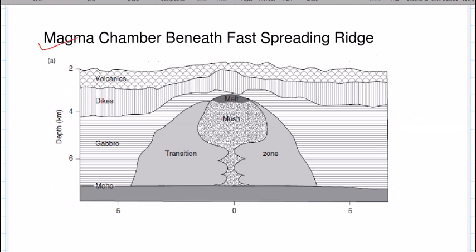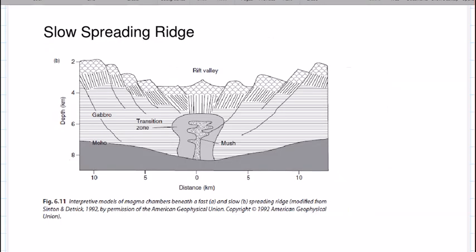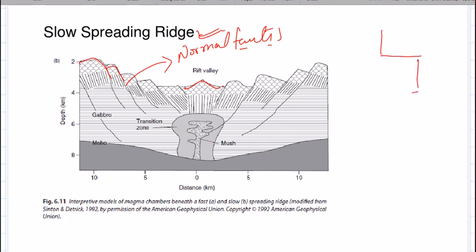This is the magma chamber beneath the fast spreading ridge, pretty big. In the slow spreading ridge, in between there is a rift valley, and these ridges are bounded by normal faults, while the offset is a transform fault.